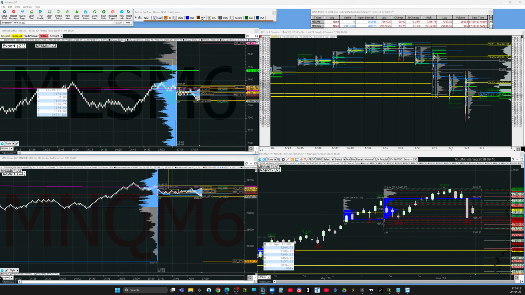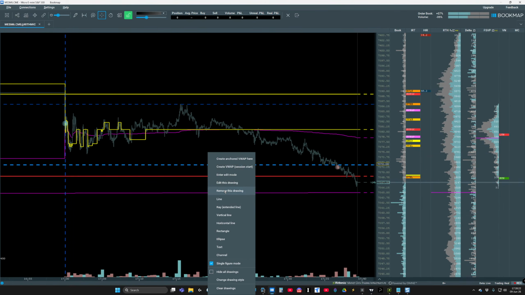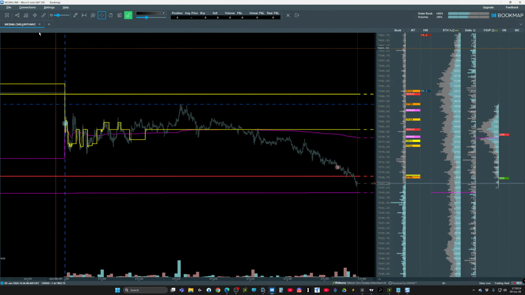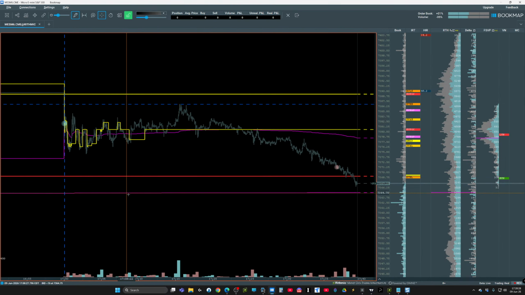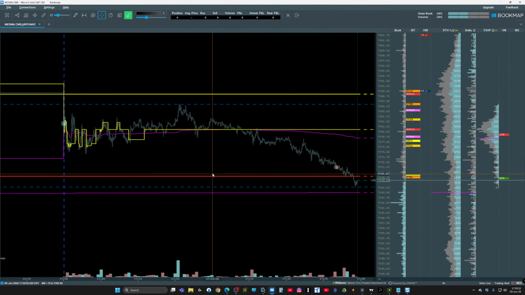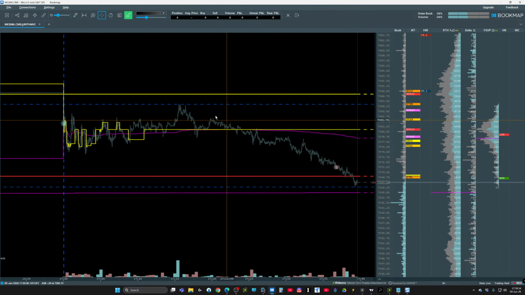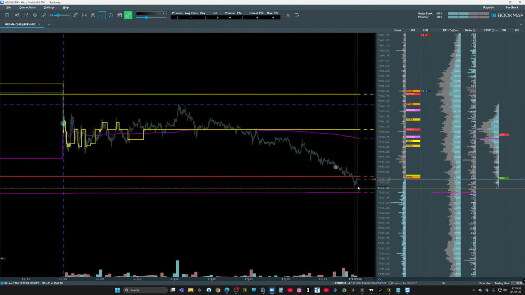Well, more downside, eh? More. Boom. Okay. So quite clearly, our opening range high has been formed first, and now we have the low.